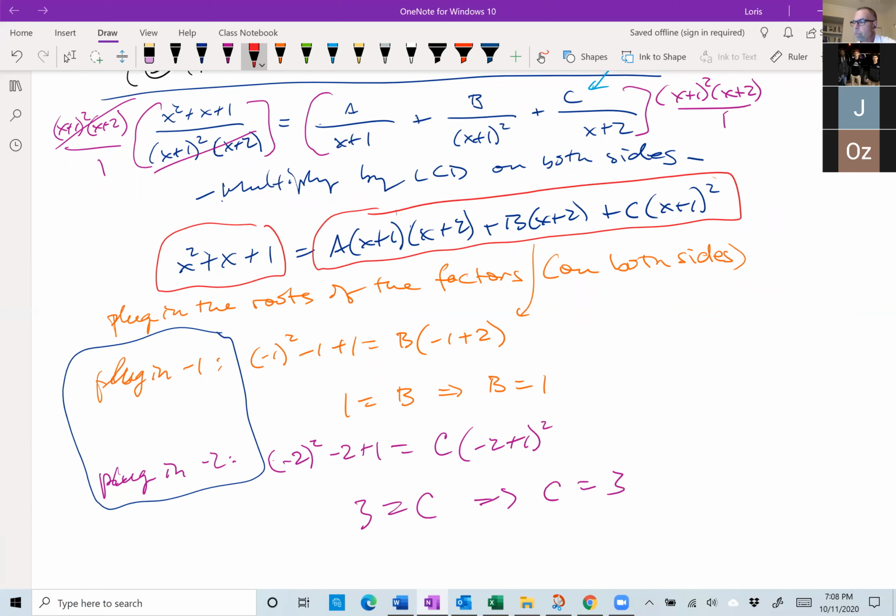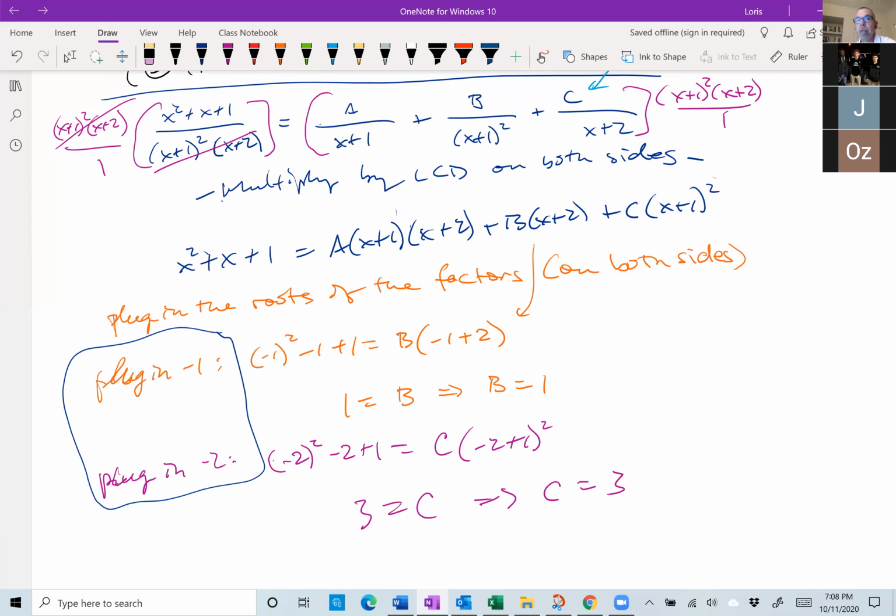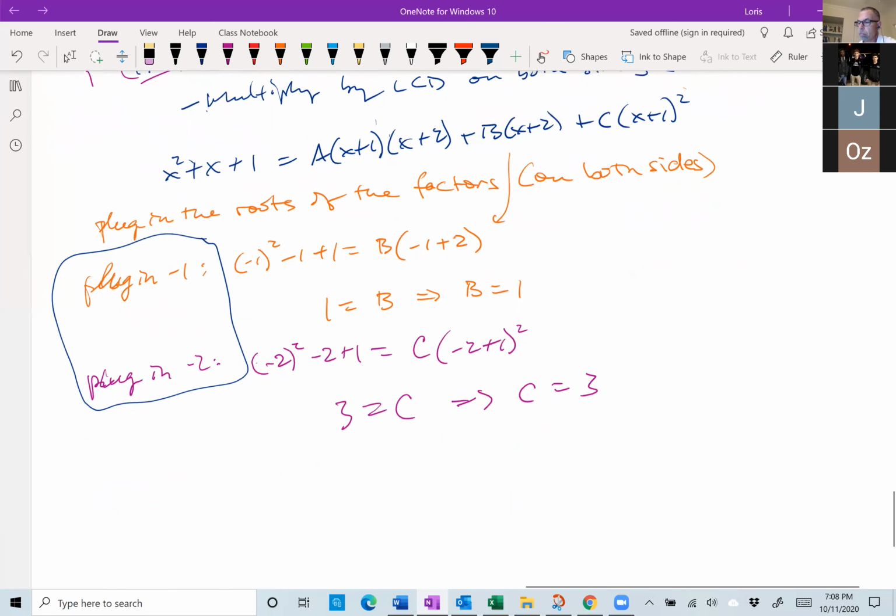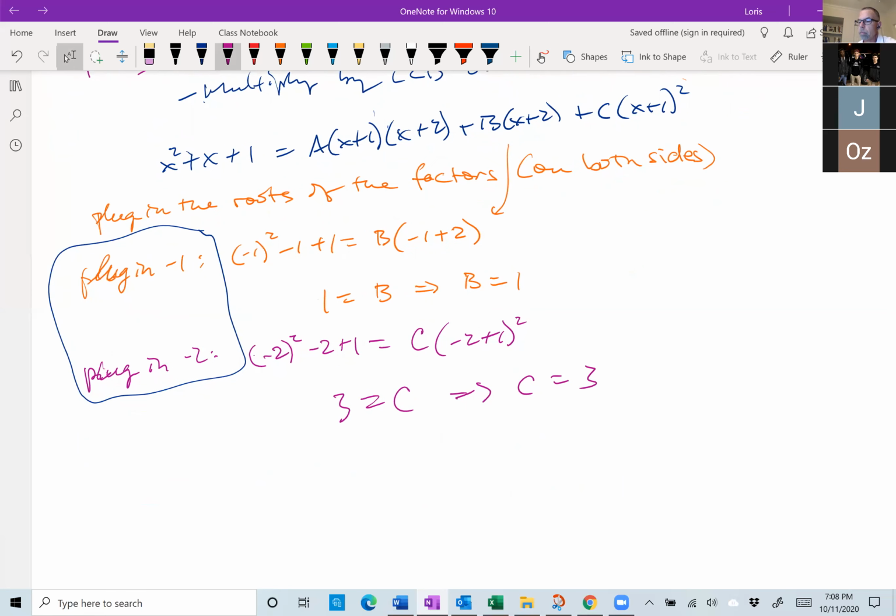The same number, obviously. So I'm going to plug in what b and c are, and then I'm going to plug in another number like 0. I'm going to take those and plug them into that.